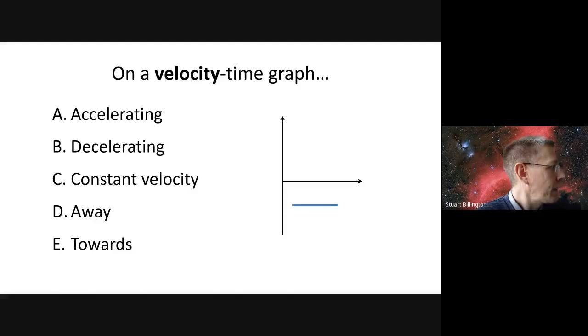I think you're getting the hang of it. Okay, so practically everyone has gone for C and E, which is correct. It is constant because it's a horizontal line. The velocity isn't changing. And this time it's below the axis, which means it's a negative velocity. That means it's coming back towards us.